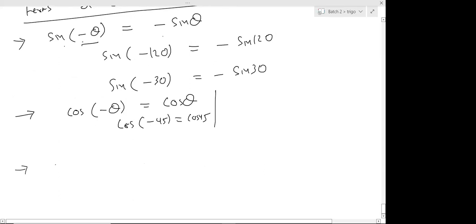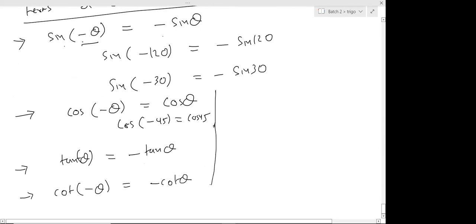All right, for tan theta, tan of negative theta, this is negative of tan theta. All right, take the negative sign outwards of the angle. Same for cot: cot of minus theta is minus cot theta. For cosec theta, cosec minus theta is minus of cosec theta.